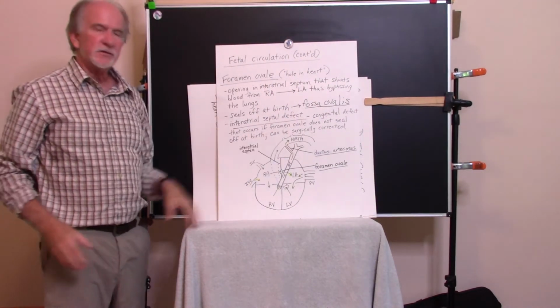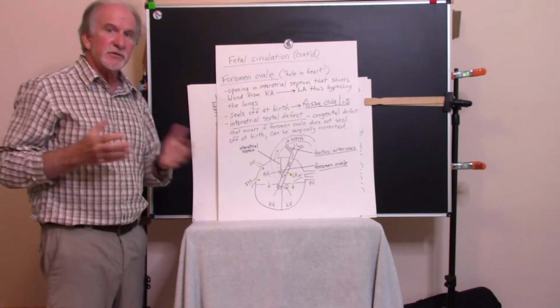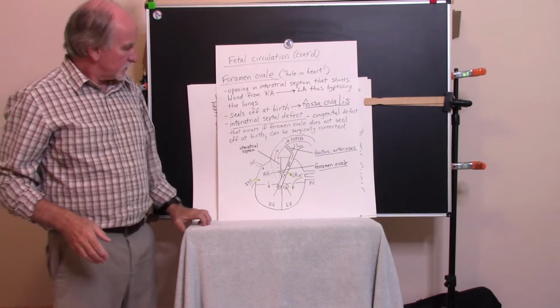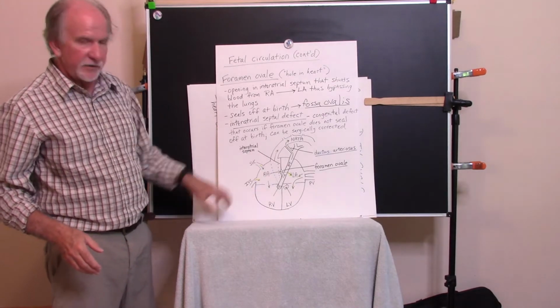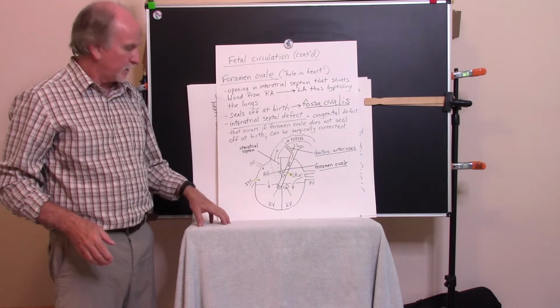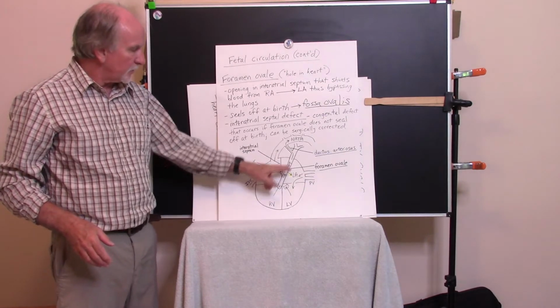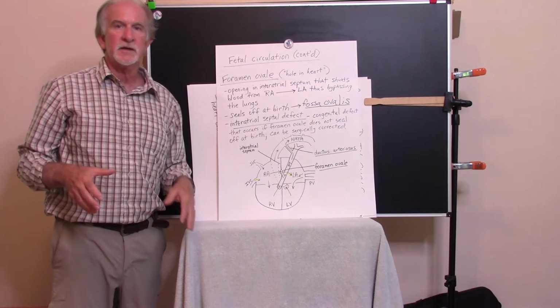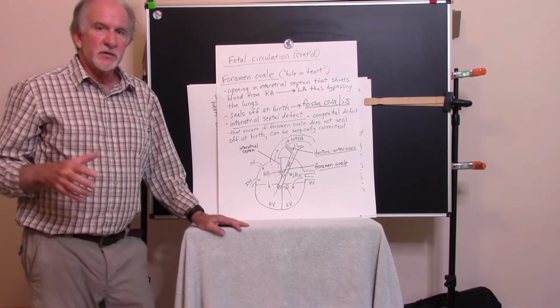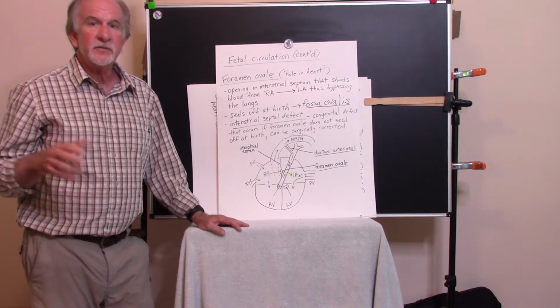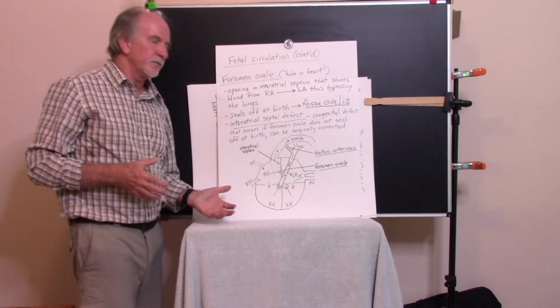So down here is an illustration where I can show you those two structures. So the blood in the right atrium goes into the right ventricle, and the right ventricle pumps blood into the pulmonary trunk, normally to the pulmonary circuit in the fetal lungs, but the fetal lungs are non-functional.